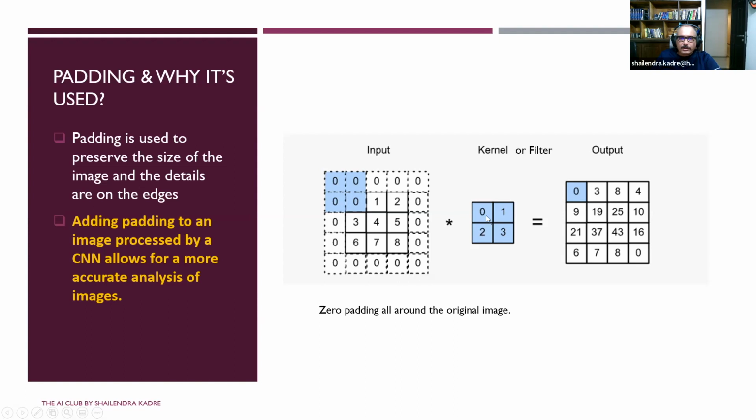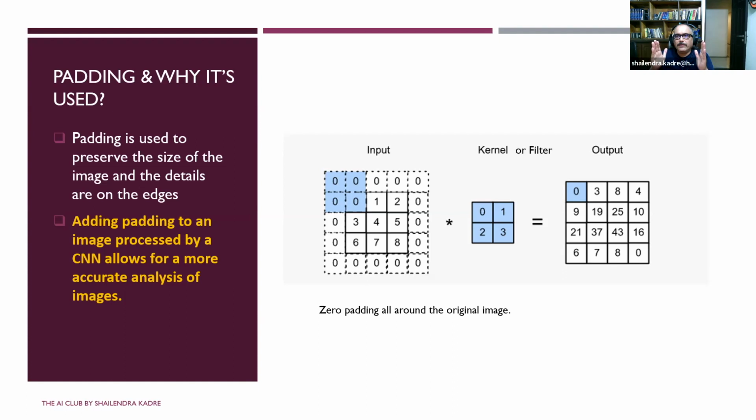So when we convolve this image with this filter, it is likely that corner and edge information may be lost. If there are more details towards the edges, they may get lost. And we see that the image size also shrinks when we do convolution.